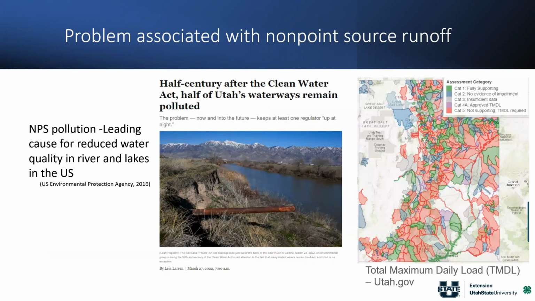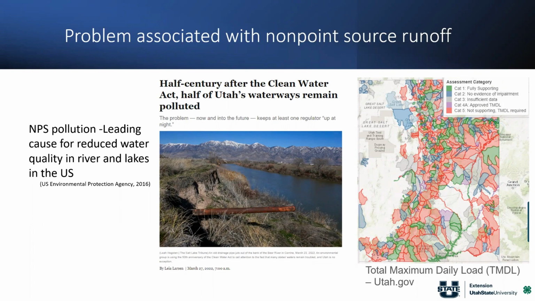Also, you can see in this map here, all these in red are somewhat impaired water, meaning this water needs to be cleaned or remediated to improve the quality. So around 50% of Utah's waterways remain impaired or polluted.